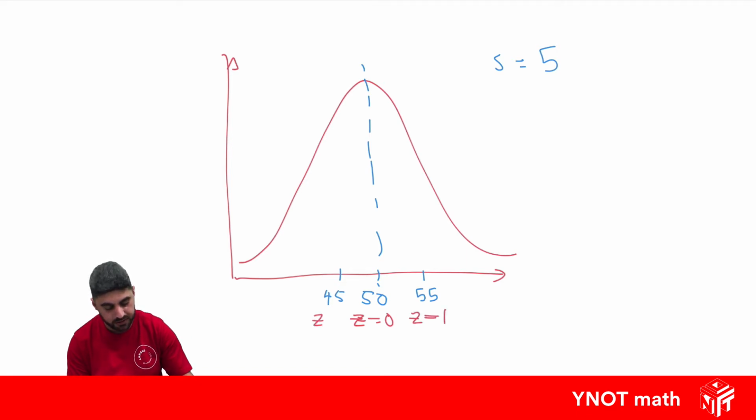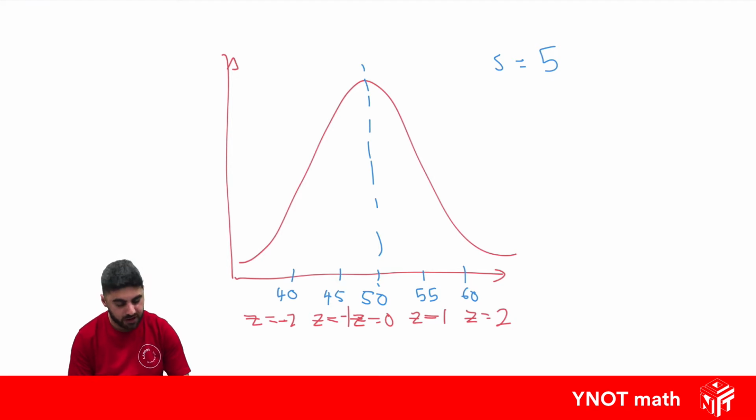One below has a z-score of -1. So something that's 2 standard deviations below is going to have a z-score of -2, and something that's 2 standard deviations above is going to have a z-score of just 2. So positive and negative values tell us if it's above or below the mean.